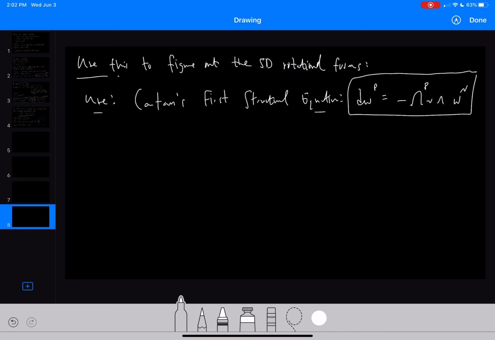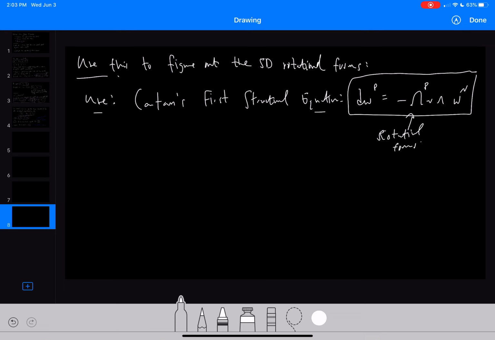So it's not p, it's rho, but bear with me. I'm not used to speaking in Greek symbols, so I just call it as I see it. So these are the rotational forms.